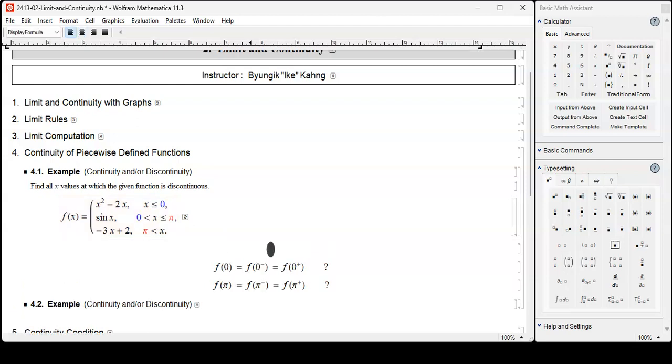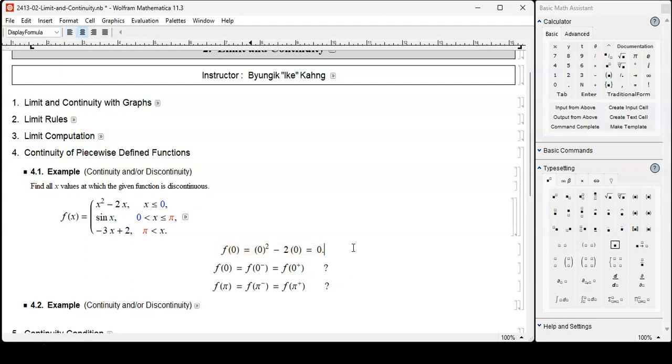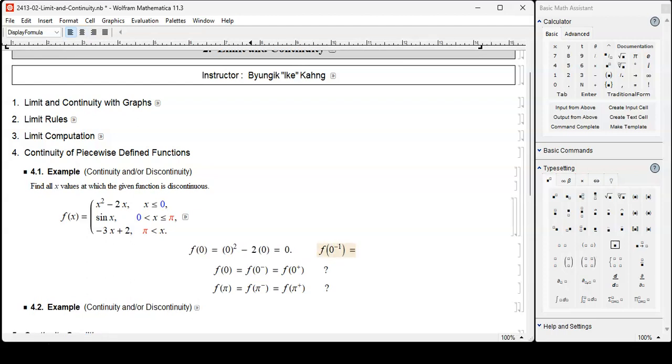So f of 0 is 0 squared minus 2 times 0, so that's 0. f of 0 minus, well, it's a little bit less than 0, so always the first line. So these two are the same.